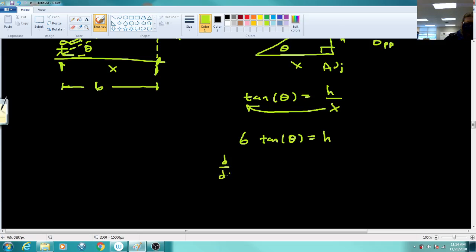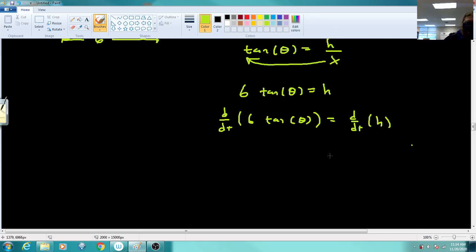We'll take d/dt of both sides. Both theta and h change with respect to time. So when we do this, we get 6, which is a constant, times the derivative of tangent of theta, which requires the chain rule. So we get secant squared, leave the theta alone, times d theta dt.